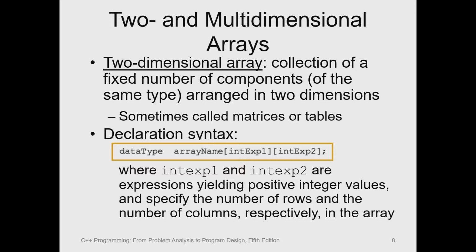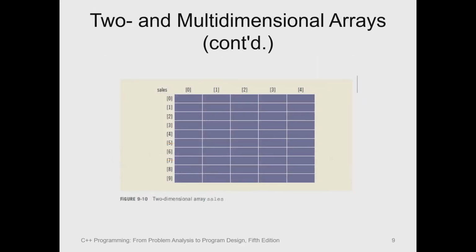In accessing array components, or if you want to assign values in a two-dimensional array, we need to use this syntax: array name, and then the two subscripts for the rows and for the columns. So let's say, for example, we want to assign a value in the first position of a two-dimensional array, and the array name is, for example, list.